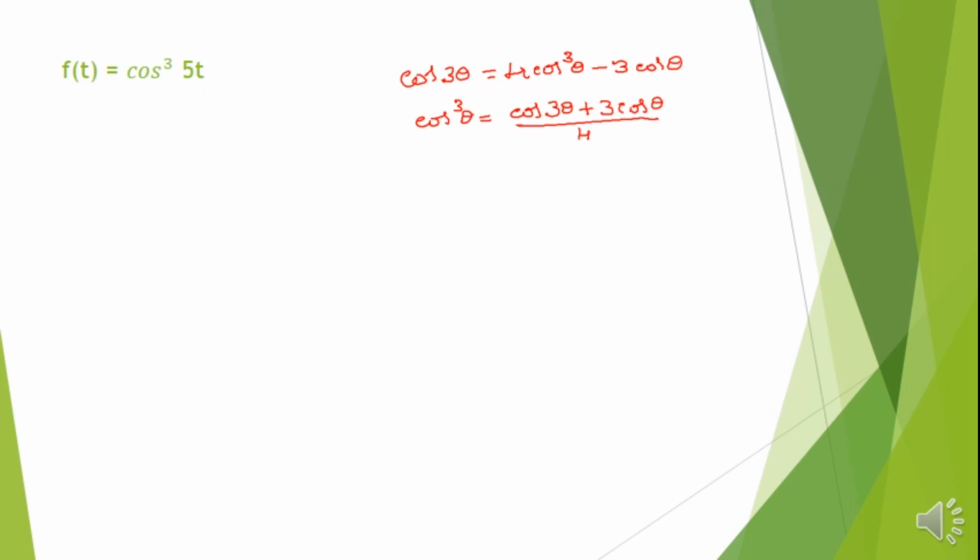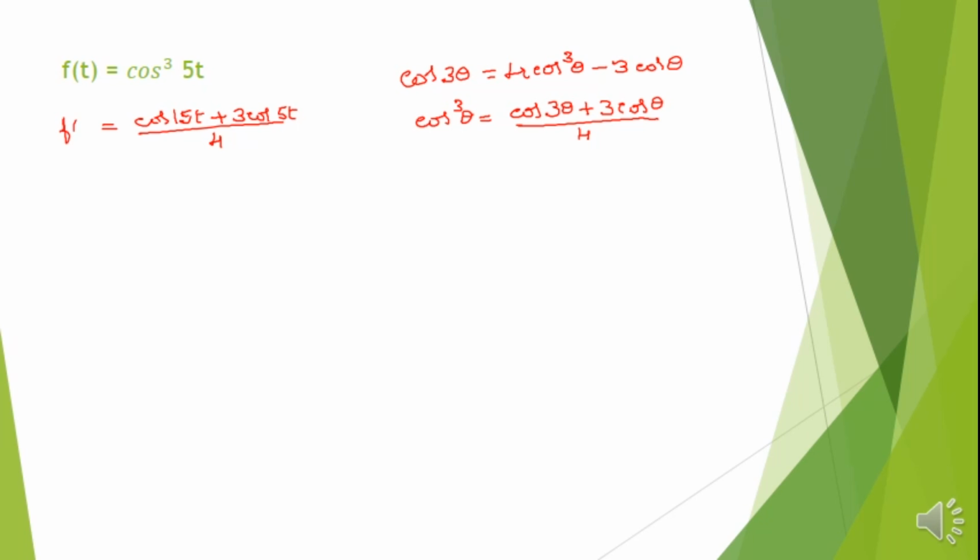So if I substitute this formula here, this cos cube 5t becomes cos 15t plus 3 cos 5t, by 4. Now this is f of t.